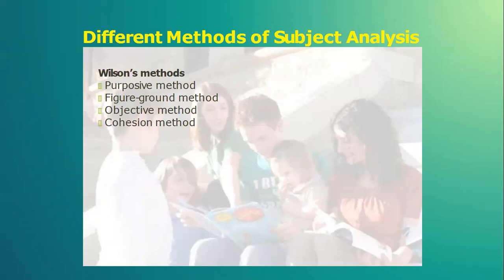Another method he offers is the figure ground method. This is the idea that when looking at a resource, something is going to stand out. It might be an idea, a historical figure or a character, a particular concept, or a philosophy.